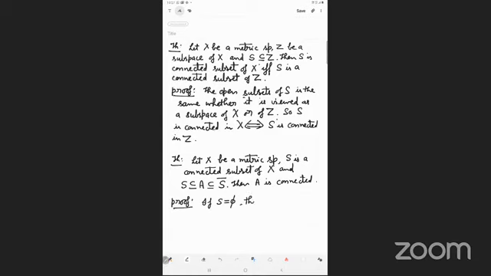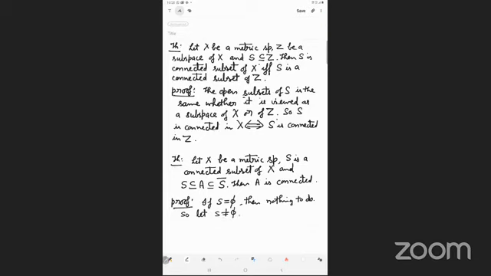So let S be different from phi. Now we are considering a function.